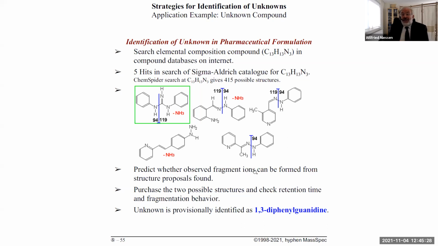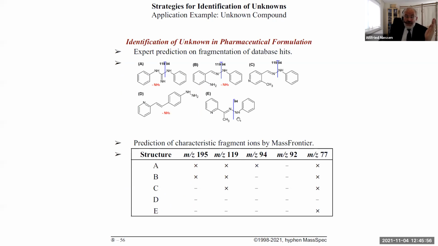So what I now start doing is, with my expertise on MSMS fragmentation, I start looking at these various structures and see whether I can explain the loss of ammonia, the formation of the 94 and the 119 product ion. And basically there are only 2 out of the 5 structures where I can explain all these features. Yeah, and of course you say, well, I'm not that experienced.